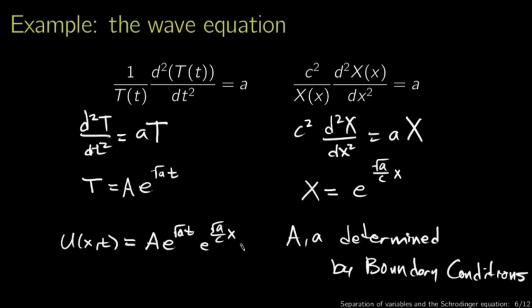And when you substitute in the complex value for a into these expressions, you'll end up with e to the i omega t sort of behavior, which is going to give you effectively cosine of omega t, up to some phase shifts as determined by your normalization constant and your initial conditions.